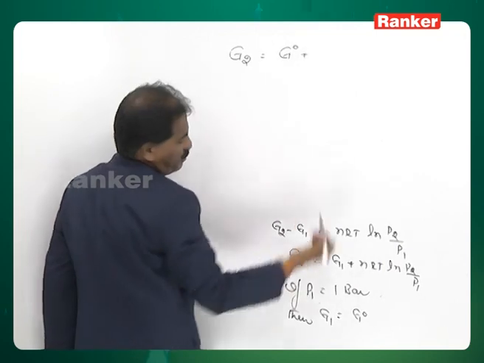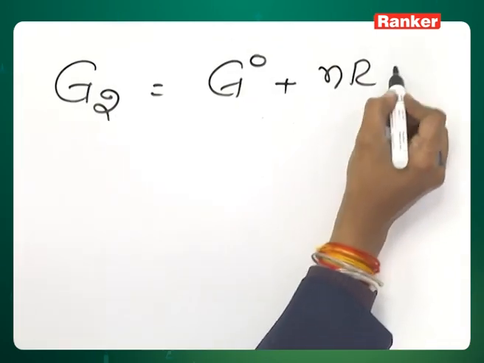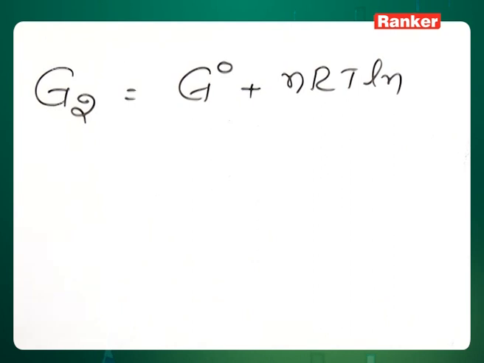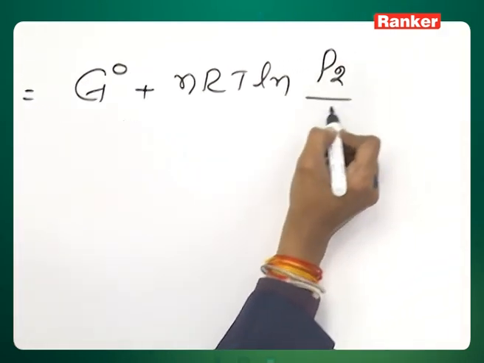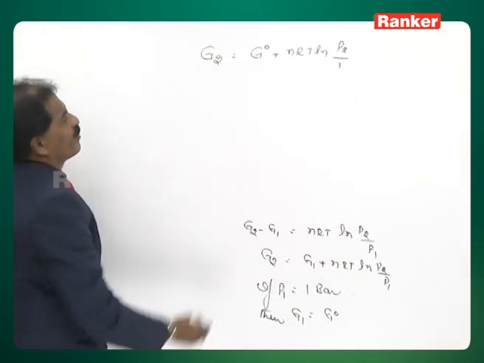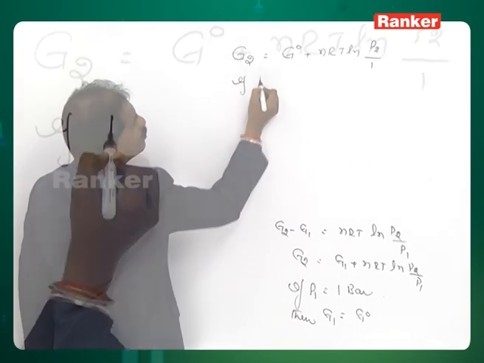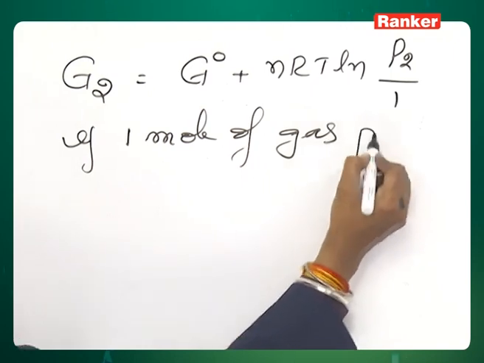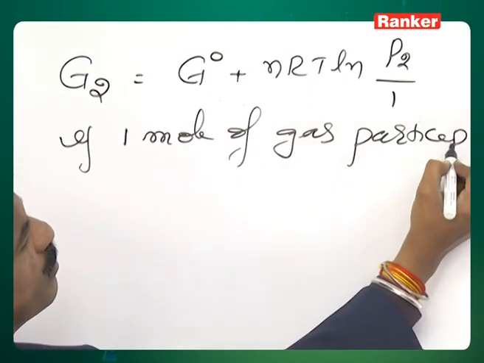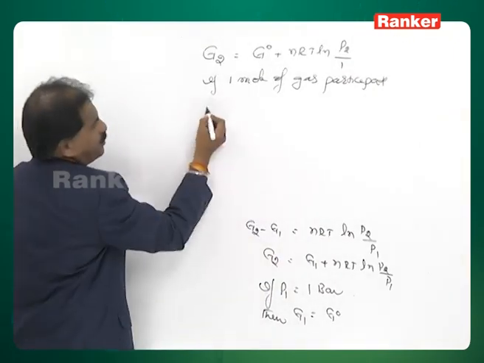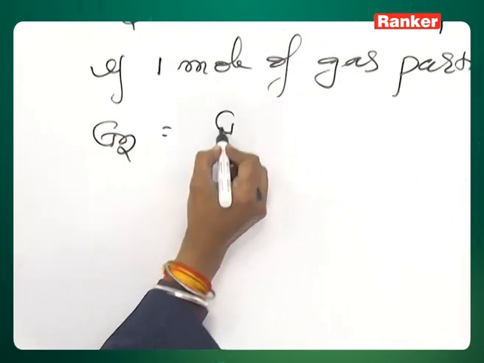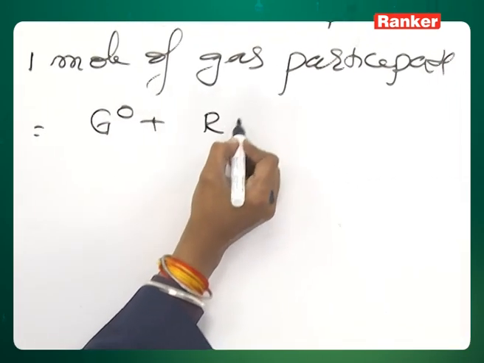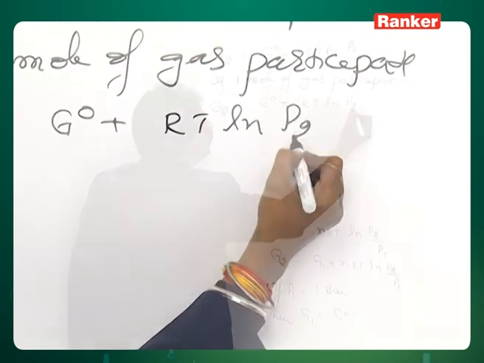Therefore, G2 is equal to G0 plus nRT ln P2 upon 1. If 1 mole of gas participates, G2 is equal to G0 plus RT ln P2.